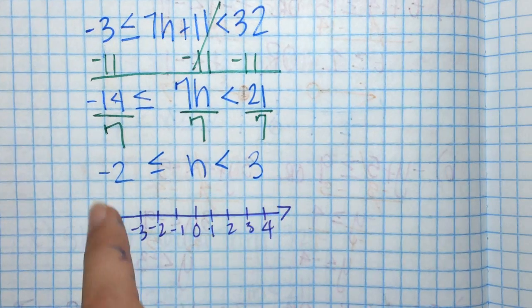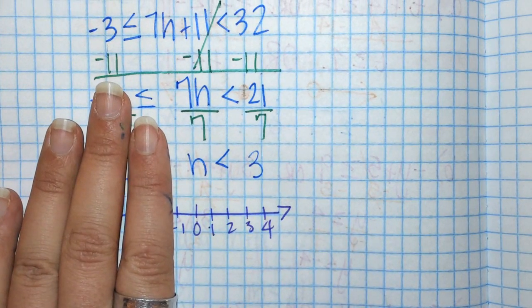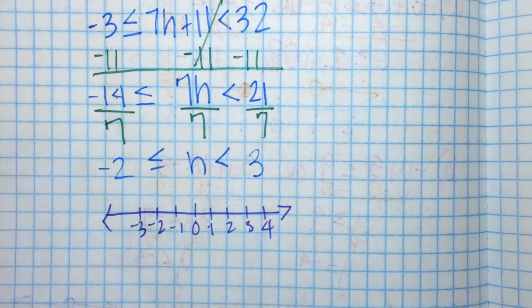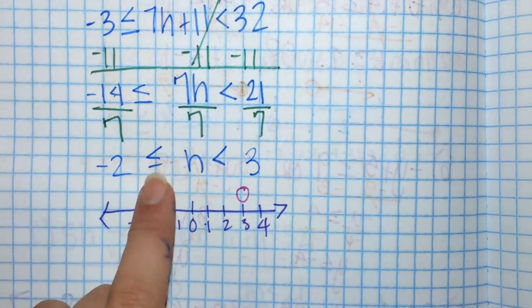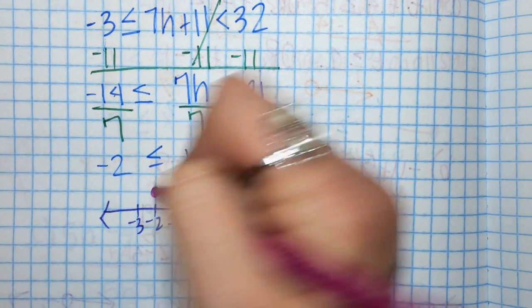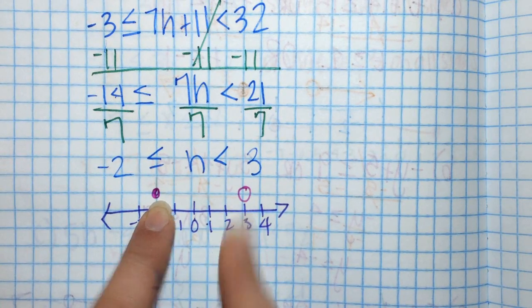We're gonna have a circle on 3 and on negative 2. So looking at this, what kind of circle are we gonna have on 3? On 3, guys. Open. What kind of circle are we gonna have on negative 2? Now, if h is in the middle, what do we do with our dots? Connect them.